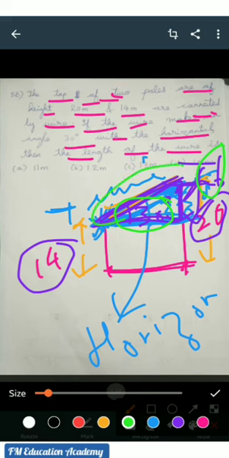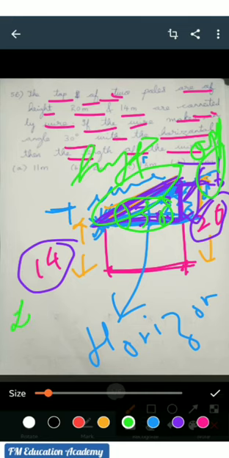Which one we have to use? This is the hypotenuse. So we have hypotenuse and we have opposite side, and also we have angle. Which ratio we have to use if we have opposite side and hypotenuse? We can use sine, because sine 30 is equal to opposite side by hypotenuse. Opposite side is given as 6, hypotenuse we have to find out, that is wire.